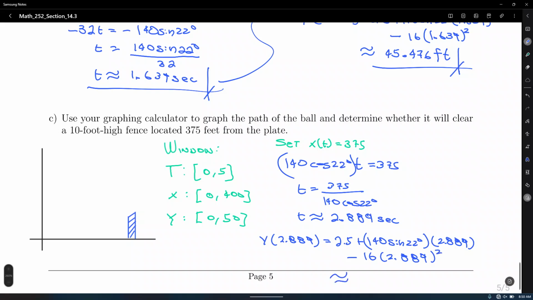And this is going to give us approximately 20.40 feet. So it's going to make it, right? It's going to make it past the fence.